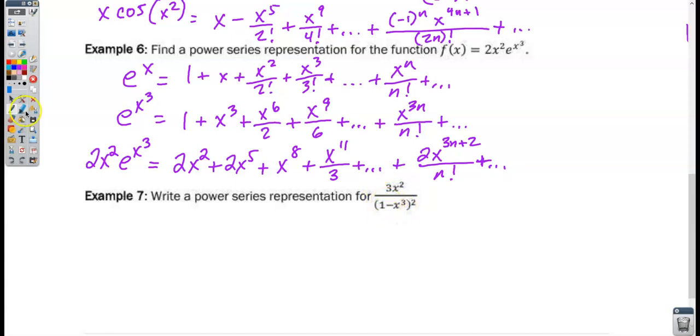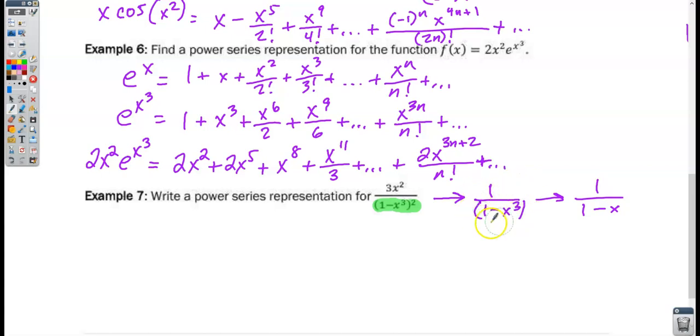And I look at the denominator and I've got 1 minus something raised to a power. Well, I could, without great difficulty, write a series for 1 over 1 minus x cubed by using the series for 1 over 1 minus x.